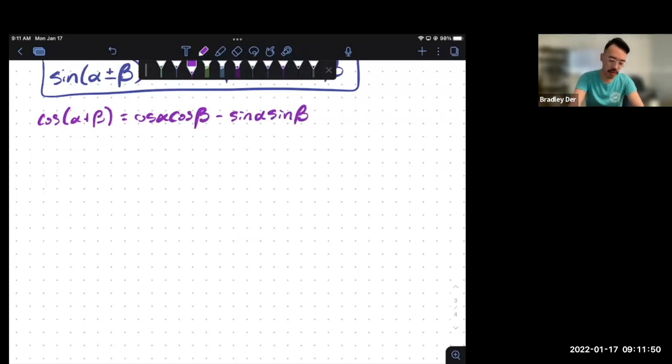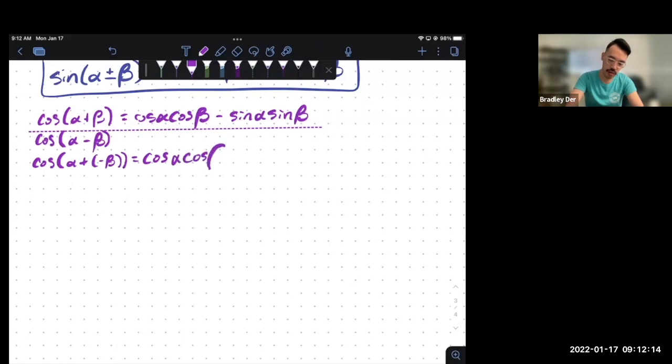If we did the same thing where we said cosine of alpha minus beta, I should clarify these are separate things now, and then we said cosine of alpha plus the negative of beta. I'm just going to do this one a little more quickly because I just want to show you the 2-in-1 formula.